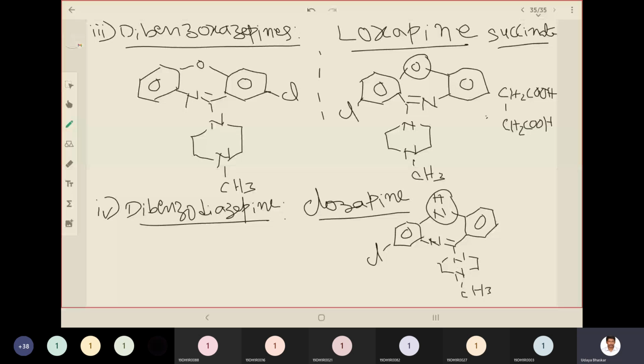Both are seven-membered rings having two benzene rings fused on either side. Okay, dibenzoxazepines will have oxygen as the second heteroatom. In dibenzodiazepine, you have two nitrogens as heteroatoms. Otherwise the structures of loxapine as well as clozapine are similar. The only difference is with their heteroatom composition. Okay, this is how we should remember the structure.